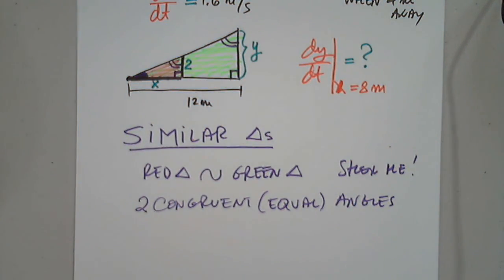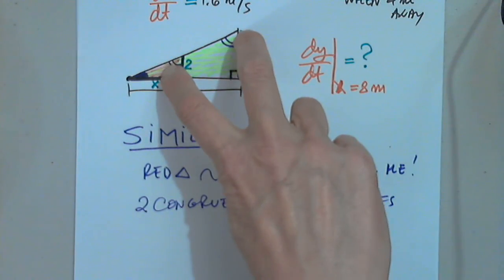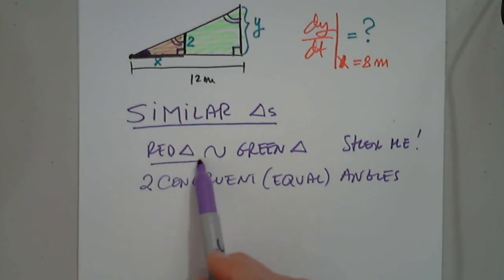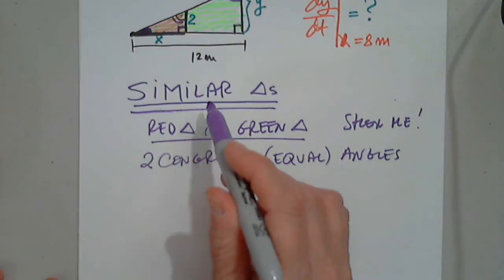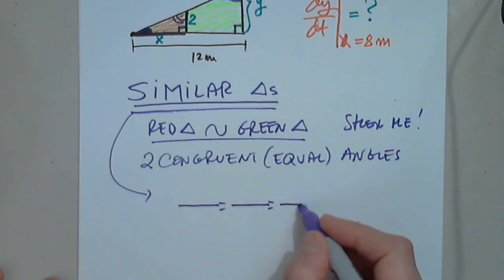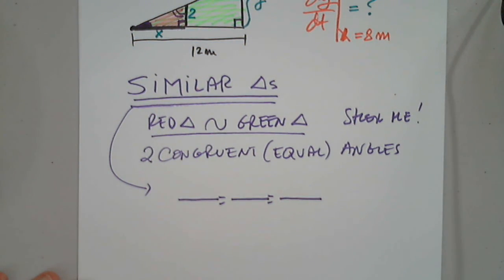No questions asked. If these two are the same and this is a common angle, these two must be the same. So I show that. Why is this so important? So what that they are similar? Who cares? Well, only because they are similar, we can write proportions with their sides. If they're not similar, I cannot write proportions with their sides. But the way I write the sides, the order I write the sides is crucial.